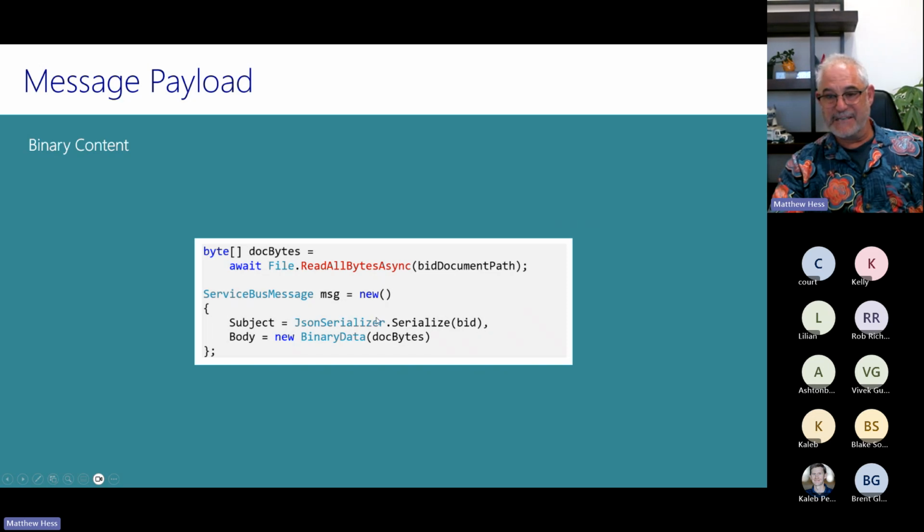So this now becomes like the post-it note. And then here's the body, which is the actual PDF, right? You can jam a lot of data in. Now, the different tiers for Azure Service Bus have different limits, but I believe if you're using the premium tier and AMQP WebSockets, it's 100 megs per message. You can make gigantic messages if you want to.